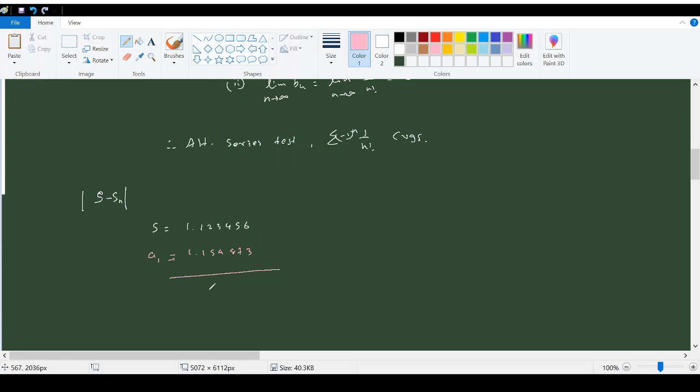you will have 0 in the first decimal place, and 0 for the non-decimal part. What is the reason for having 0 in the first decimal place? The reason is that in both S and A1 you had the same number.